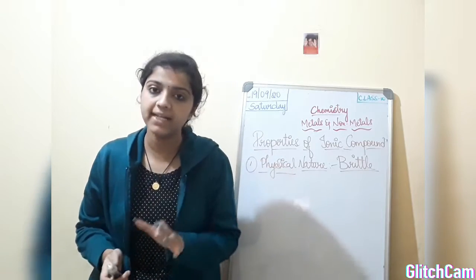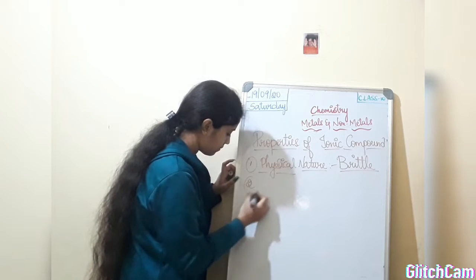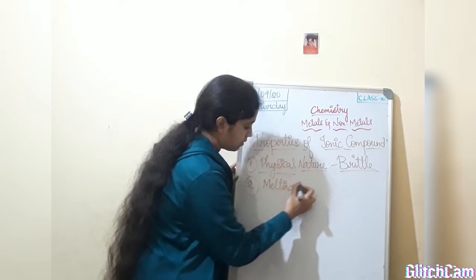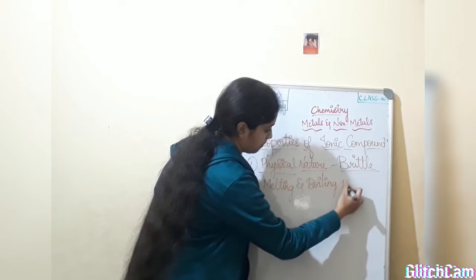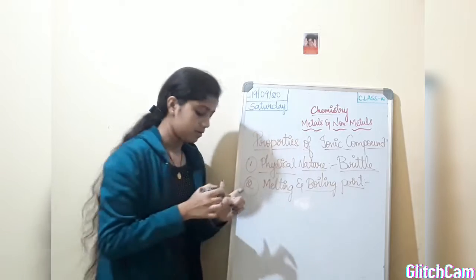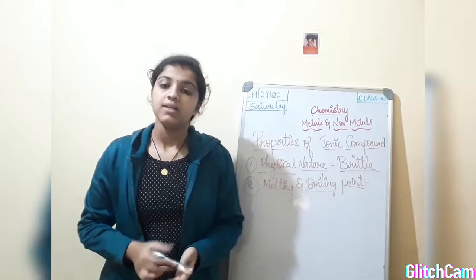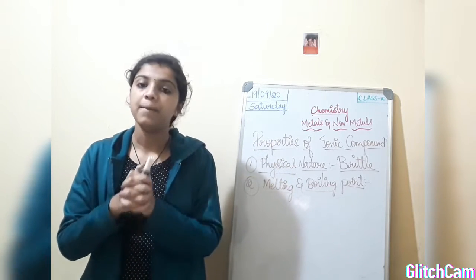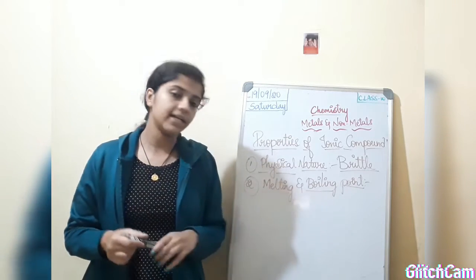When pressure is applied, they can still be broken. Ionic compounds have high melting and boiling points. This is because ionic compounds have a strong force of attraction between the positive and negative ions, and that is why they have high melting and boiling points.